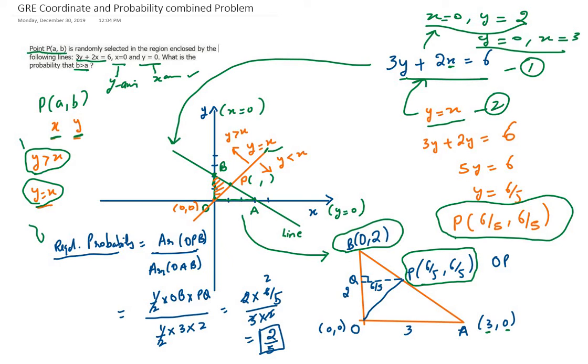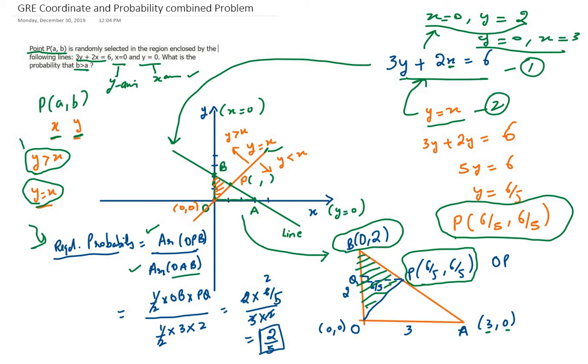Our domain of search is the whole triangle OAB, and our good area is this, which I am shading in green now. If the point lies in this area, that means y is greater than x. So the required probability will be the area of triangle OPB divided by the total area of OAB.